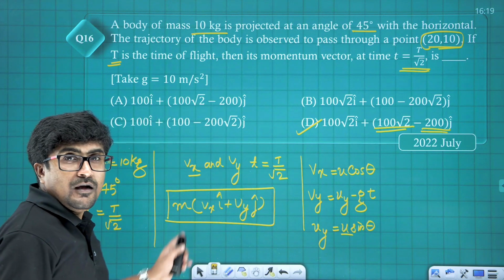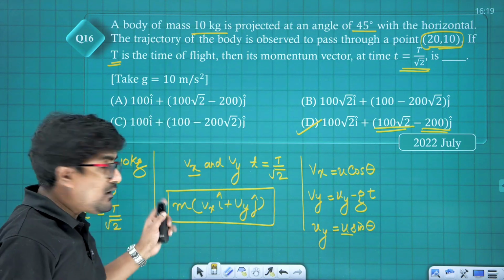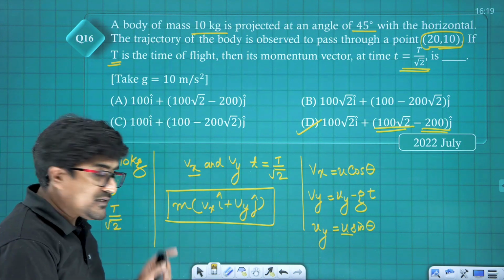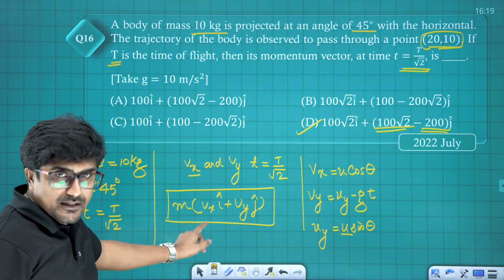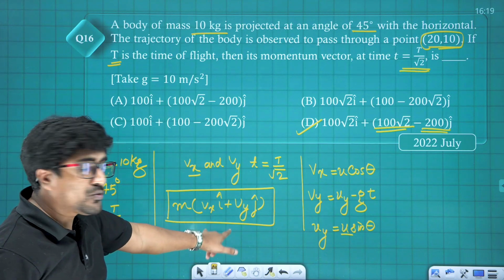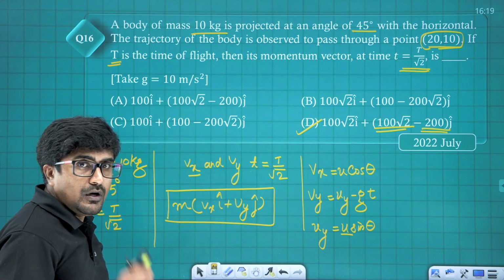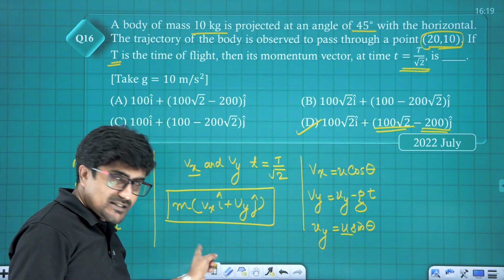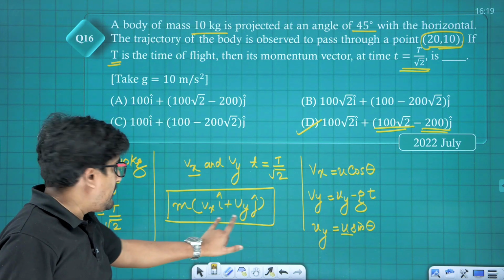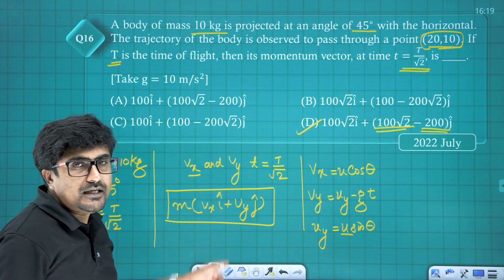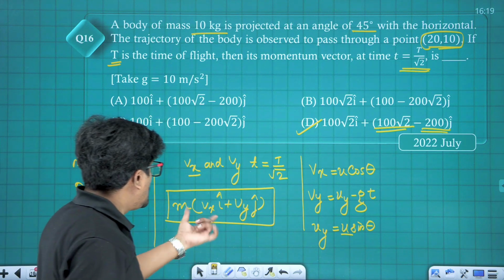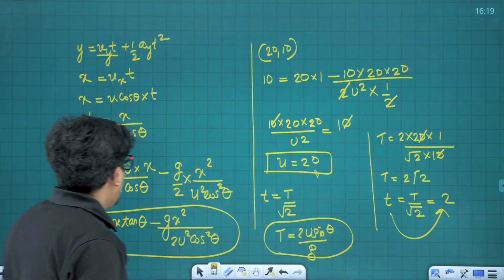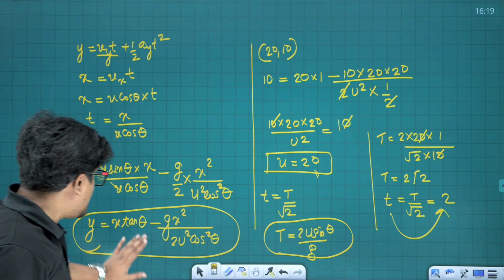So there were so many concepts included in this question, the detailed solution. There I told you how to get into the answer first. There I told you how to get the expression for linear momentum at any particular instant, that is basically m into final velocity. Final velocity here is represented in the form of rectangular components, and to get the Vx value and Vy value, I relied on this equation, that is the equation of trajectory.